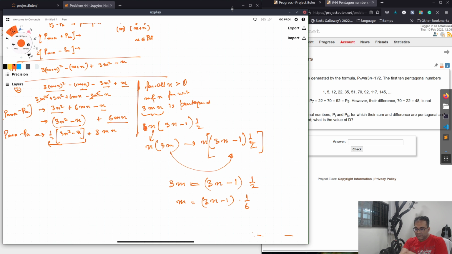Okay, for these types of values, this is also going to be pentagonal.